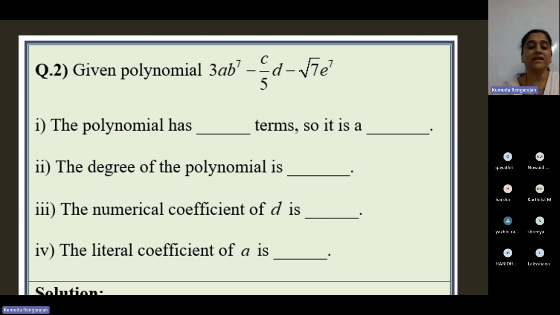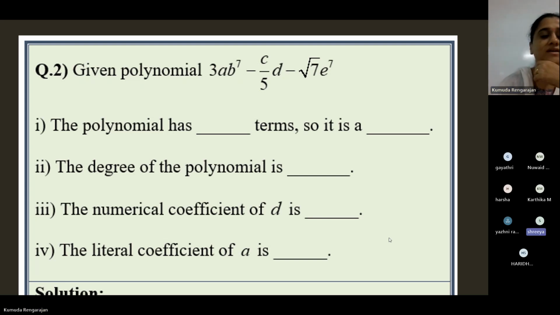Correct. The literal coefficient of A, literal meaning letter. A, B, C, D, letters. So the literal coefficient of A is B to the power 7. Correct. B to the power 7.